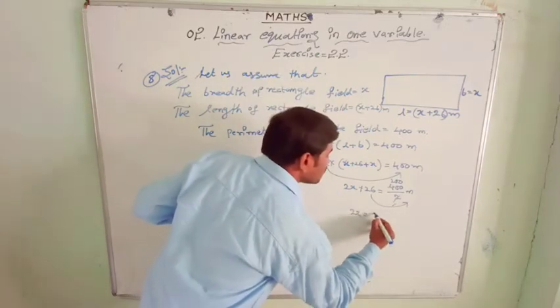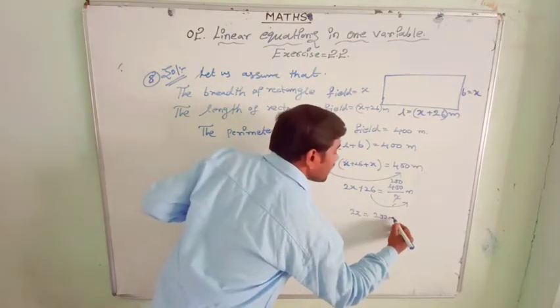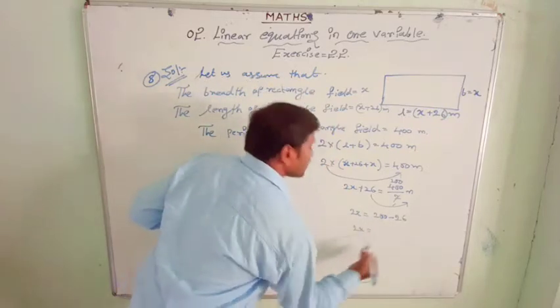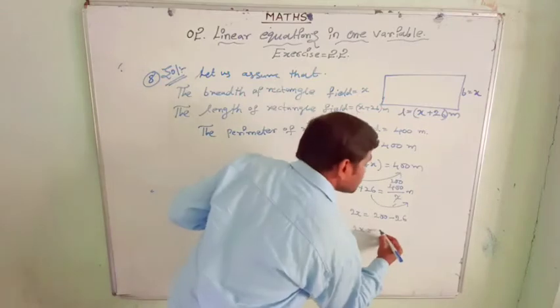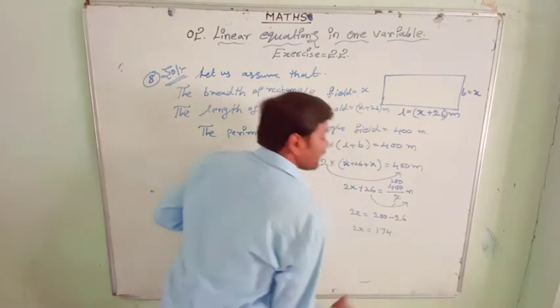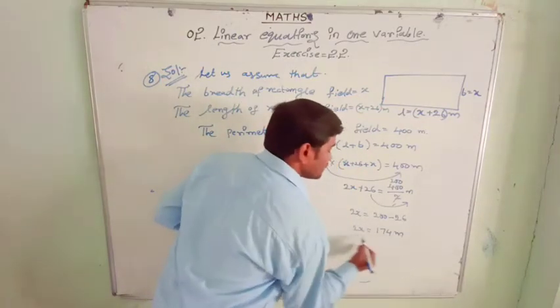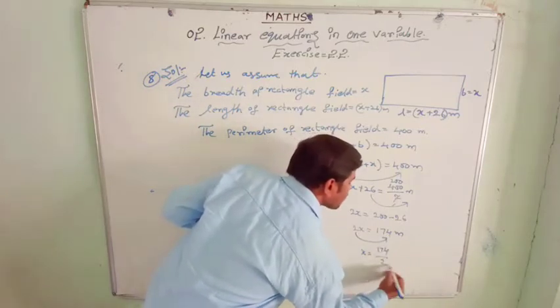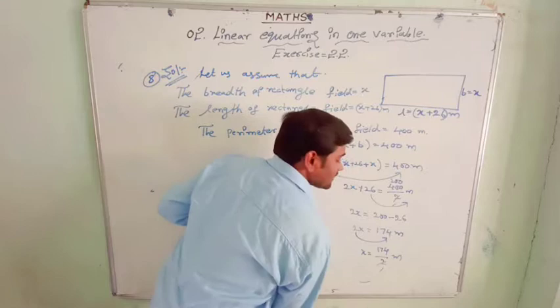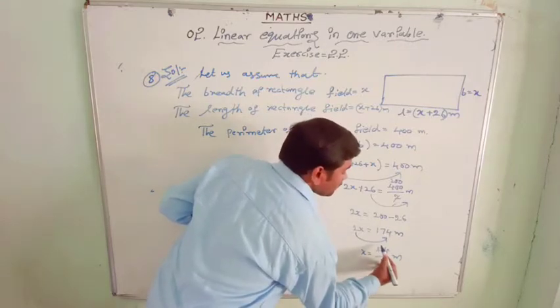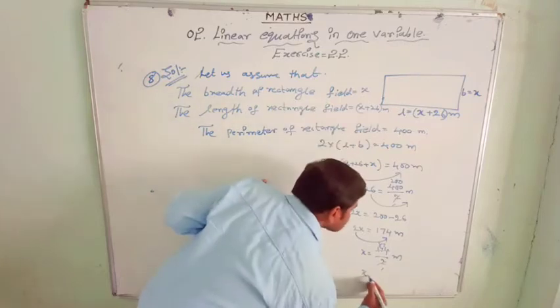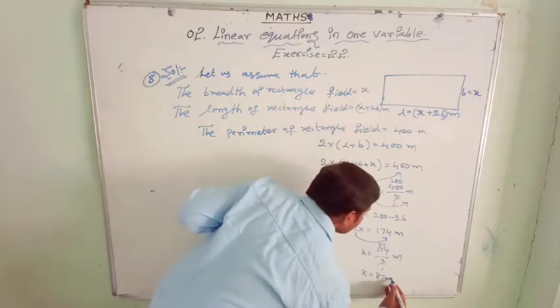Then 2x equals 200 meters minus 26, that is 174 meters. Now this 2 will transfer, so x equals 174 by 2 meters, that is x equal to 87 meters.